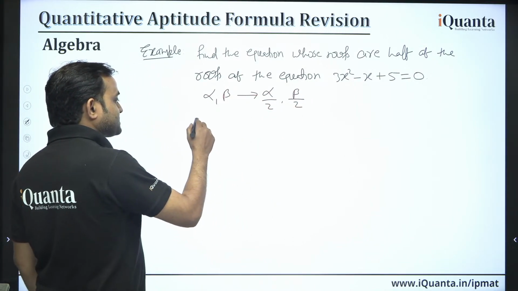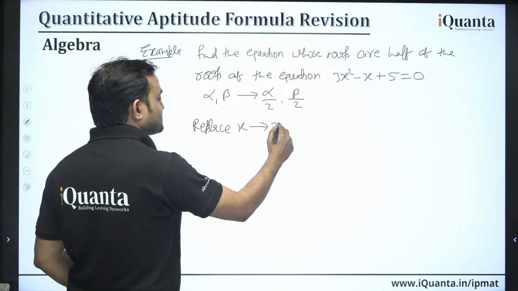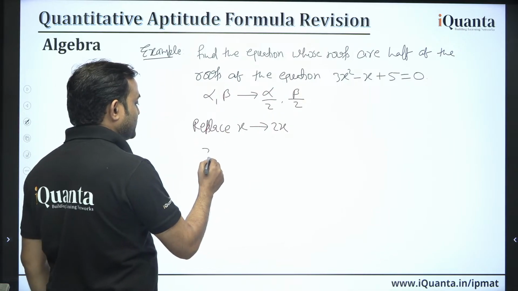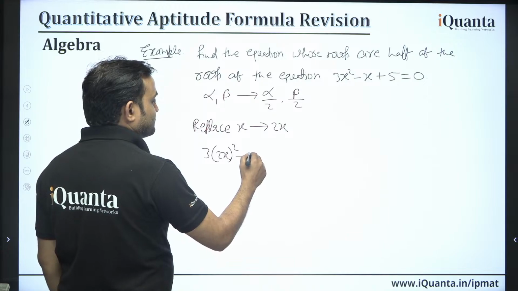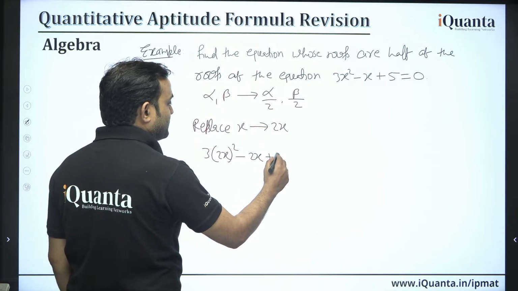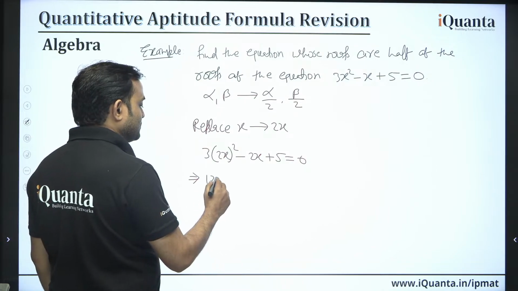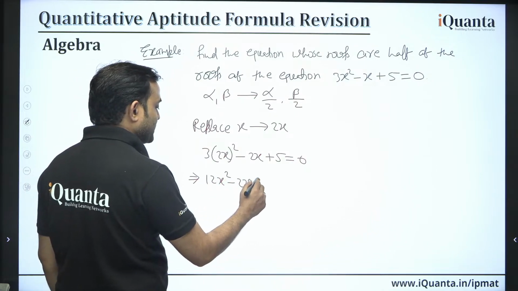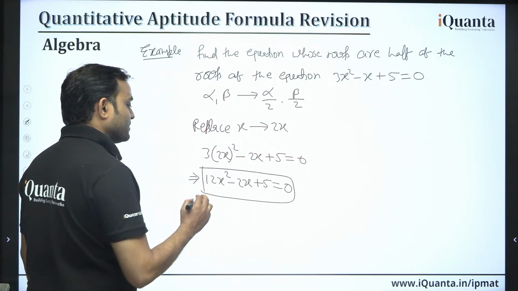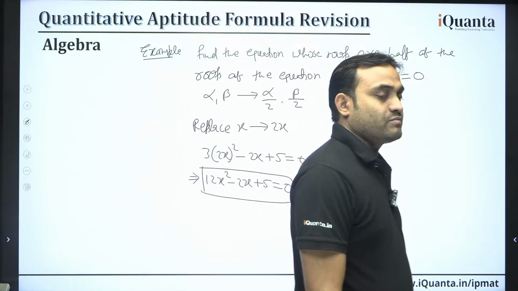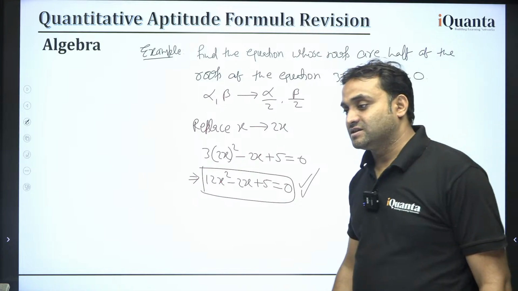So replace x by 2x. So in this equation, 3 into 2x whole square minus 2x plus 5 is equal to 0, or this will be 12x square minus 2x plus 5 is equal to 0. This will be our equation, right? 12x square minus 2x plus 5 is equal to 0 effortlessly, right?